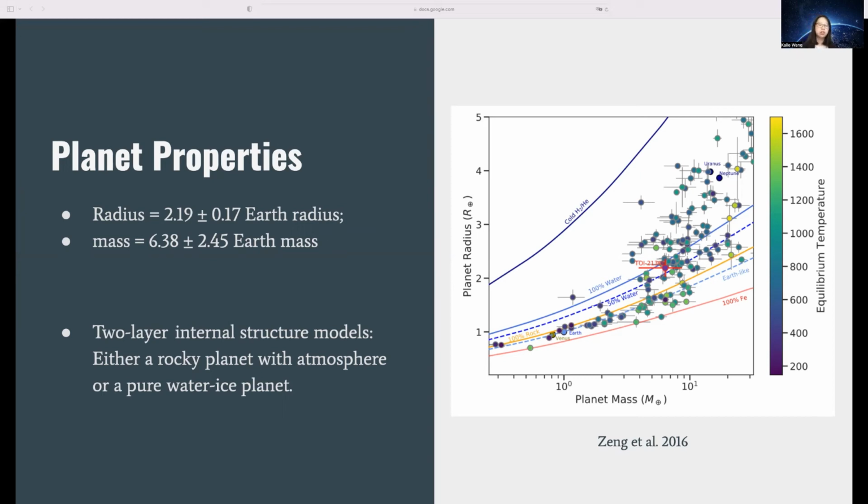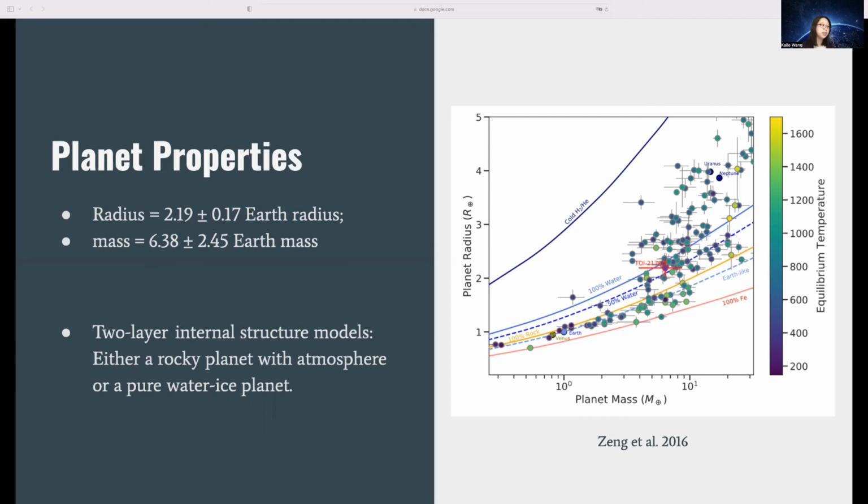Using the joint fit model, TOI-2136b has a radius of 2.19 Earth radii and a mass of 6.38 Earth masses. From the results, we can see that it is a relatively small planet. Comparing to the properties of the host star, we can conclude that it is a small planet orbiting a low mass star.